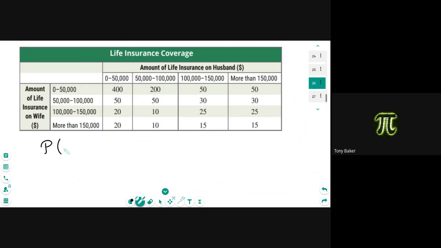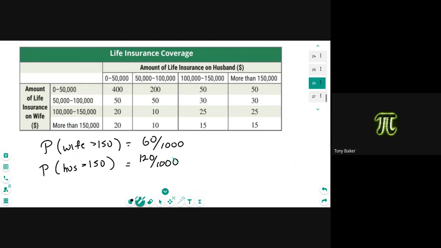The probability of wife greater than 150 is what? 60 over 1,000. What's the probability of the husband over 150? 120. And they want "or," right? So we'll say that's A and that's B. So they want the union of A and B.